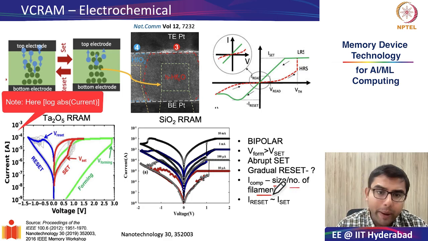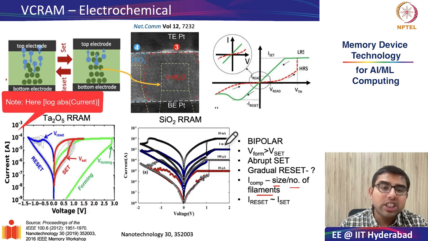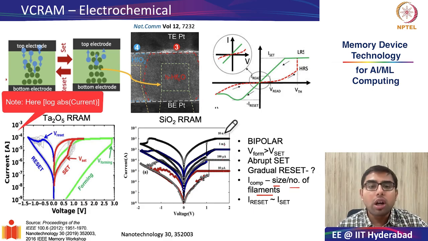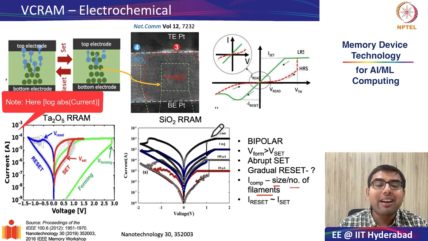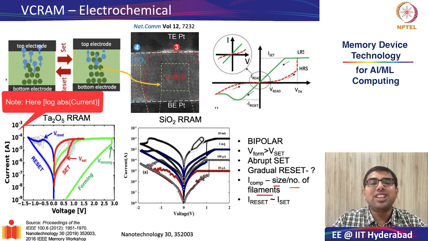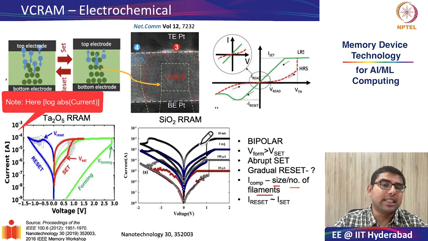As you can anticipate, the higher the compliance current, as you change it by an order of magnitude from 10 microamps to almost 10 milliamps, the larger will be the number or size of the filaments, and therefore the lower will be the resistance of the collective filaments, and therefore the larger will be the current of the device. Okay, this is about compliance current.